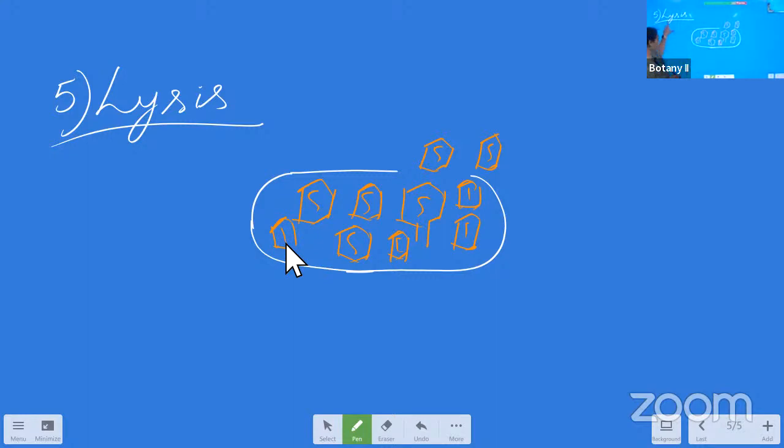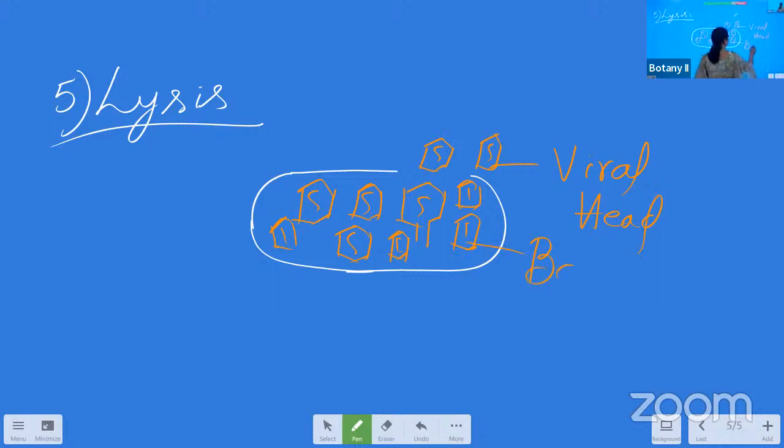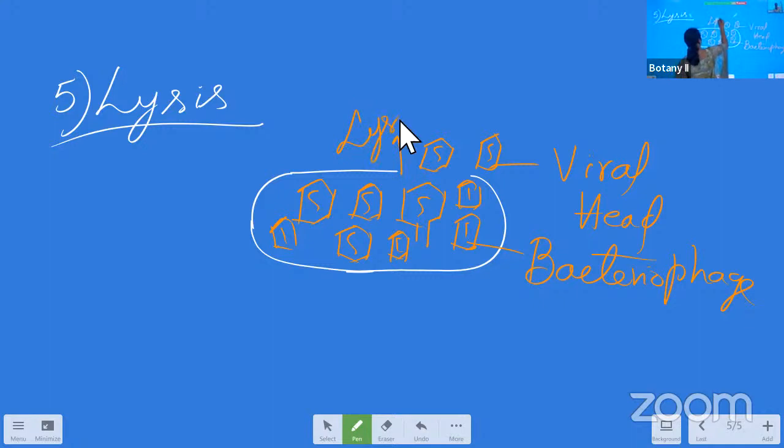Okay. If you have written these 5 steps and drawn these 5 diagrams, and say these are the viral head, and these are the bacteriophage, and here, lysis of cell wall of bacteria.